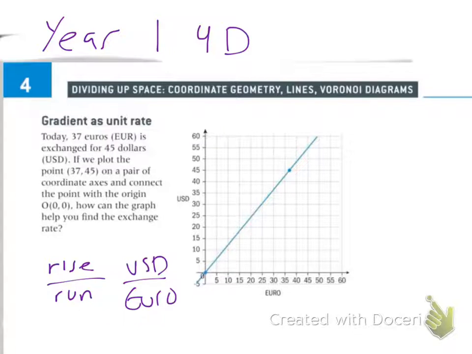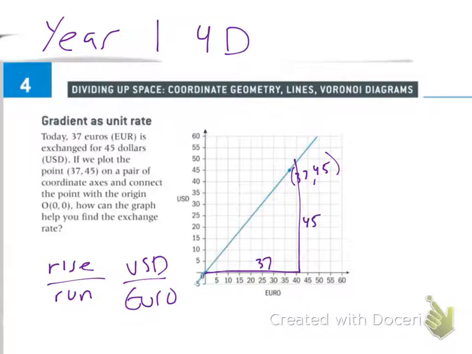And so the rate would be, let's go with their problem, 37.45. 37.45 is the point. Well, that really means from here to here and up, right? So this is 37 and 45.